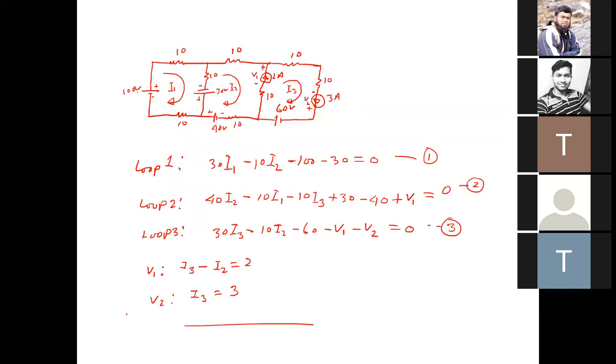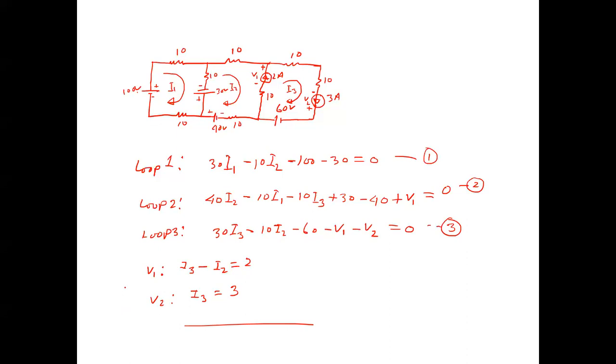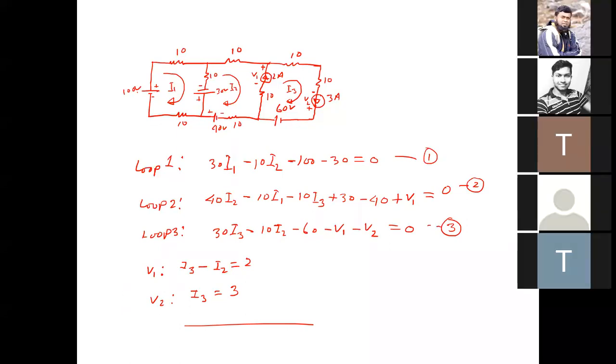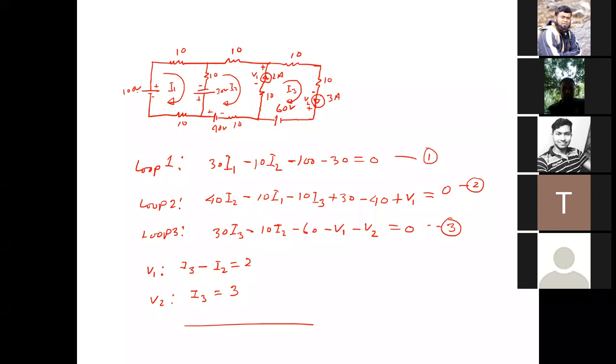Okay, so this day our class is just finished. Now we have one assignment. At first complete the loop equation, then find out all the portion voltage and current values.